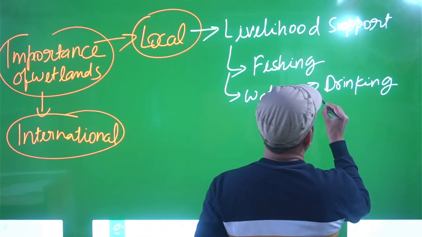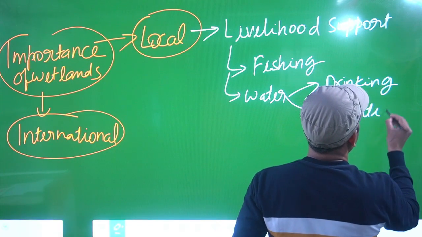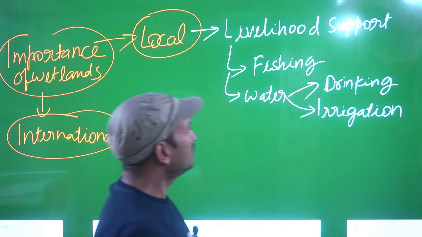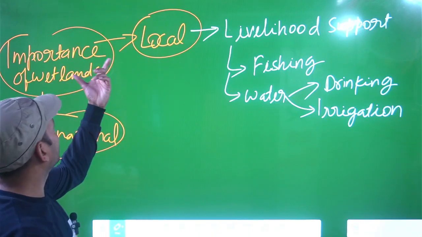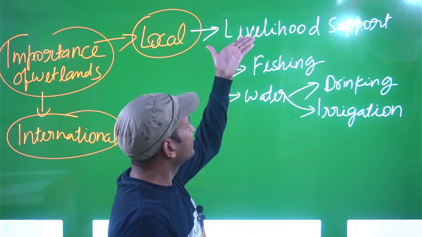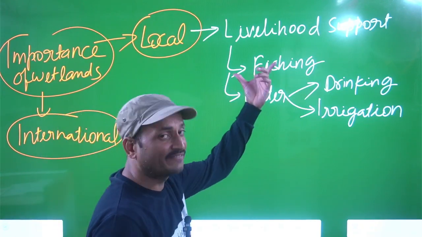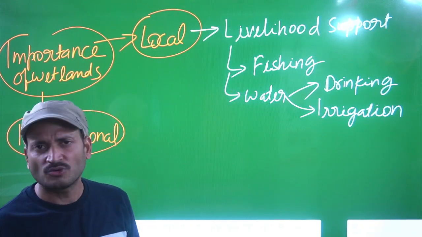Then water for irrigation in agriculture. So if we consider the local importance of wetlands, the first important thing is they support local livelihood in the form of providing fishing, water, and multiple other resources.